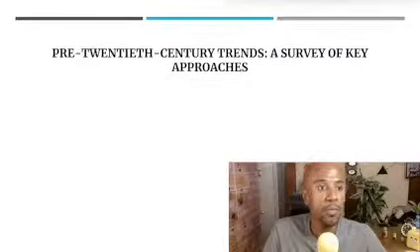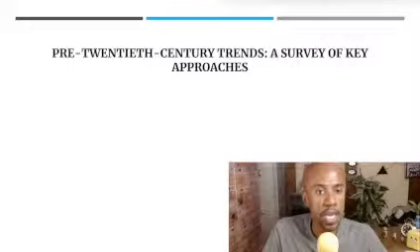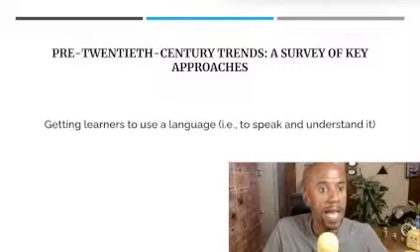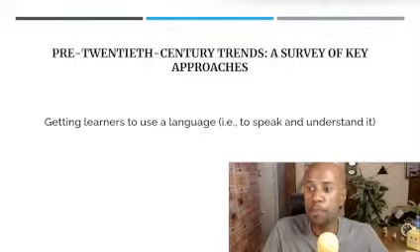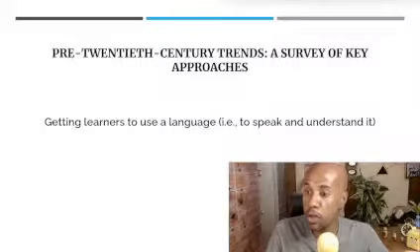Now, for the pre-20th century trends, we are going to look together at a survey of key approaches, but before the 20th century, language teaching methodology was between two types of approaches.